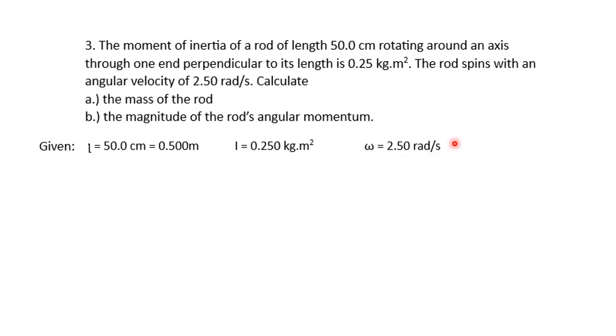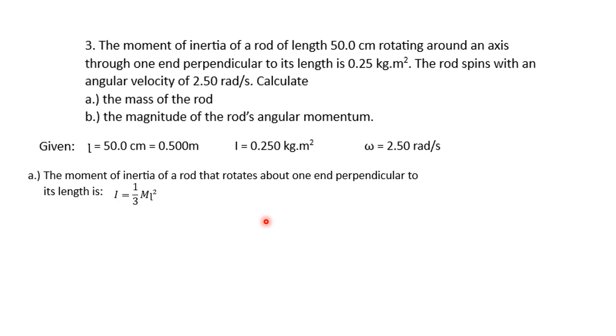The rod here rotates around an axis through one end perpendicular to its length. So the formula for the moment of inertia is I equals 1/3 m L squared, or m L squared over 3. The mass is not given, it's unknown.